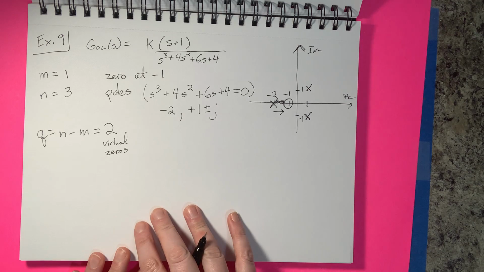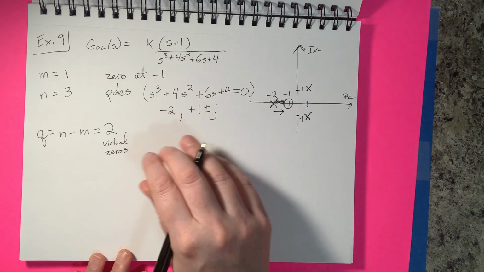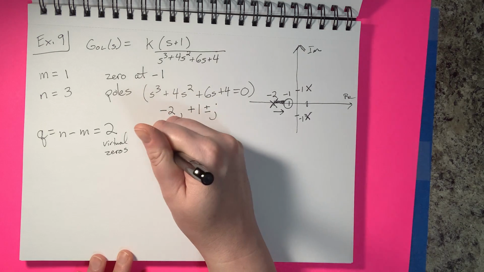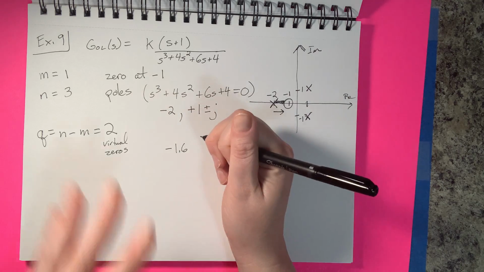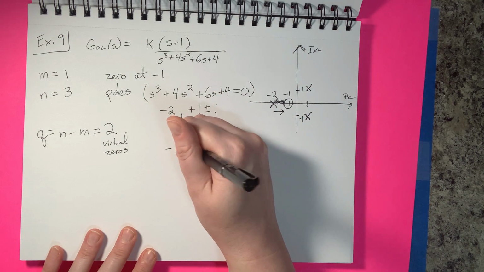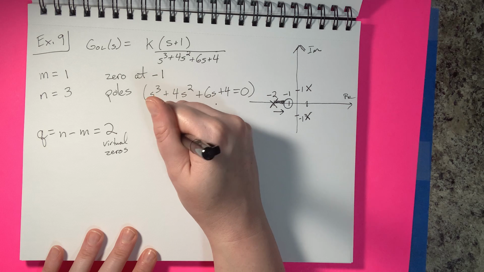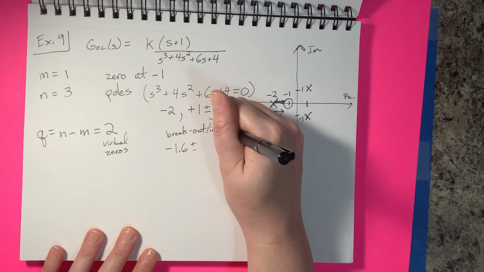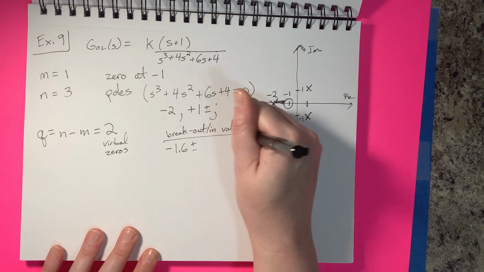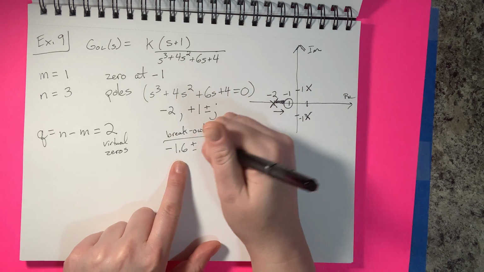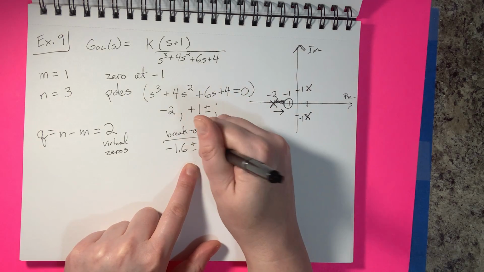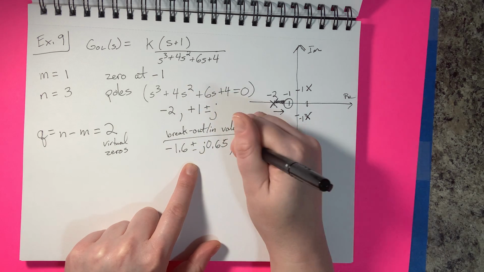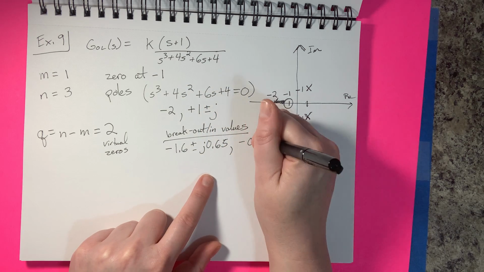What's actually going to happen, we can solve with our breakout break-in formula as well. And actually, good, I went ahead and did that. I will put that other value on Canvas though. Breakout break-in formulas. If you solve that, you should get 1.6 plus or minus j 0.65, and then a value of 0.34.